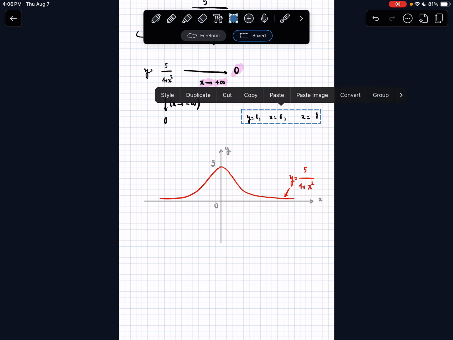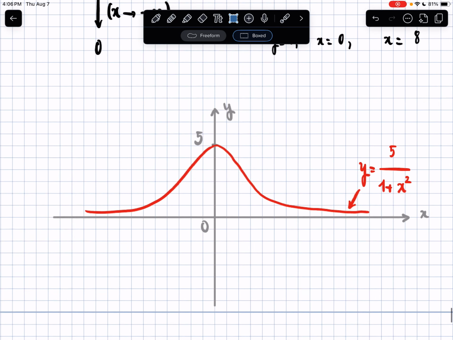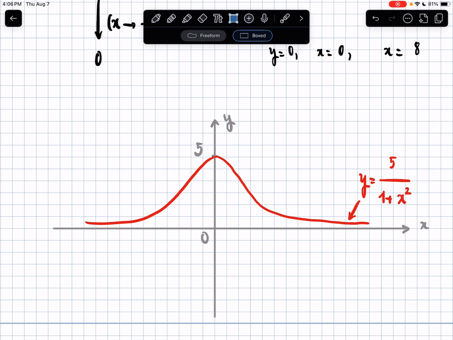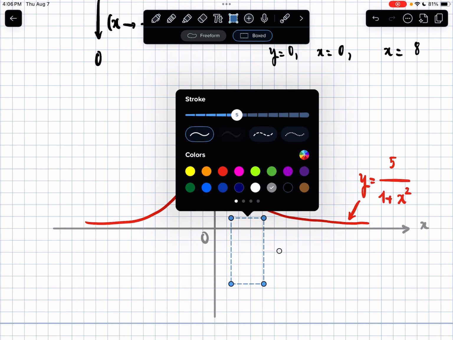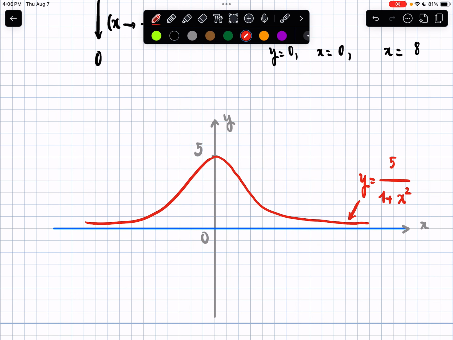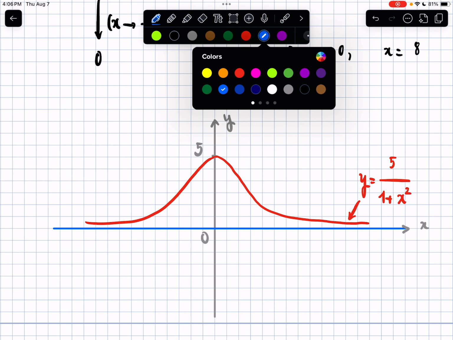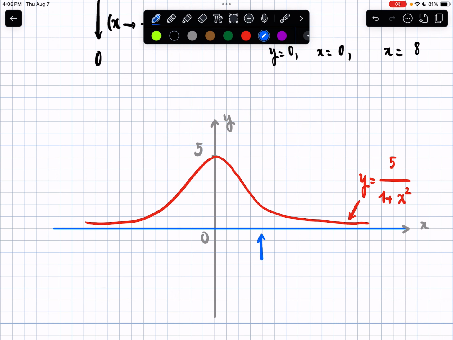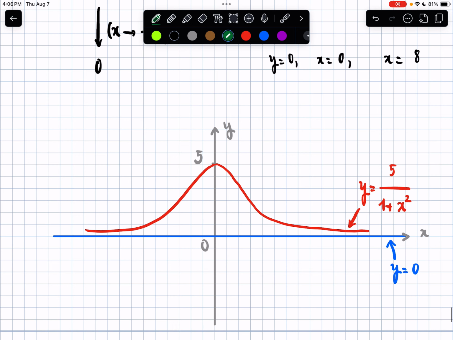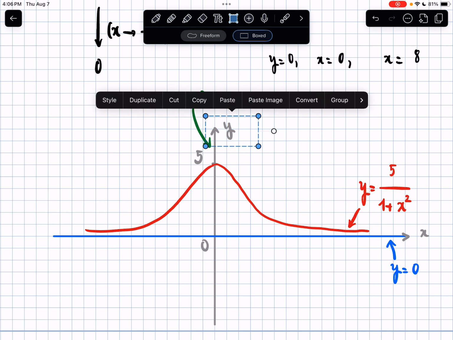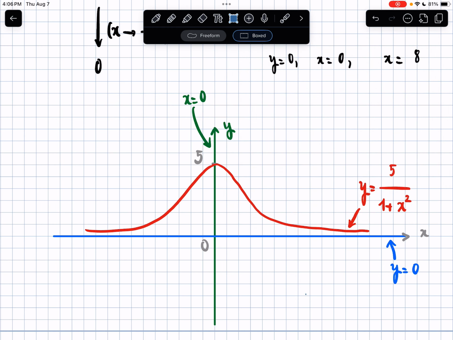Y equals 0 is the x-axis, x equals 0 is the y-axis, and we have x equals 8.